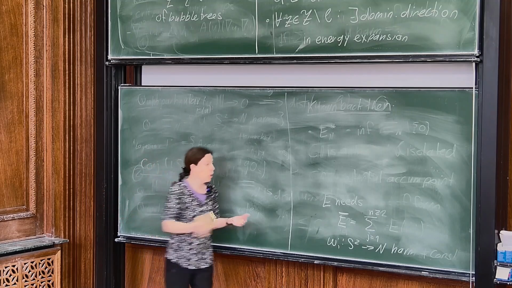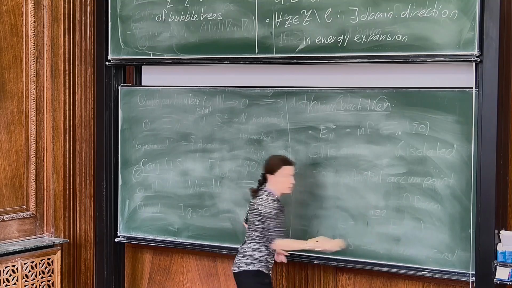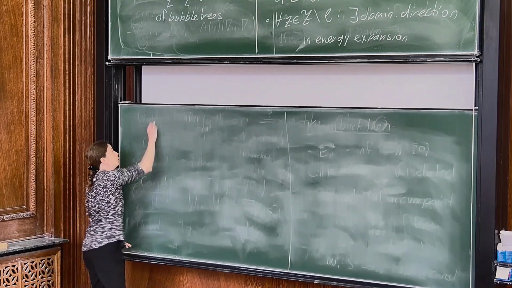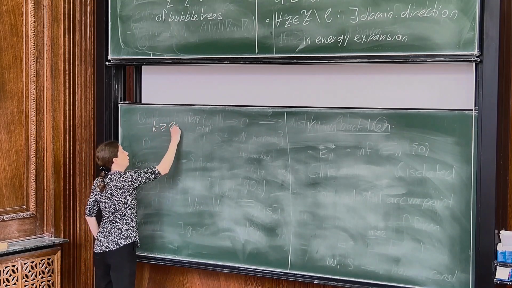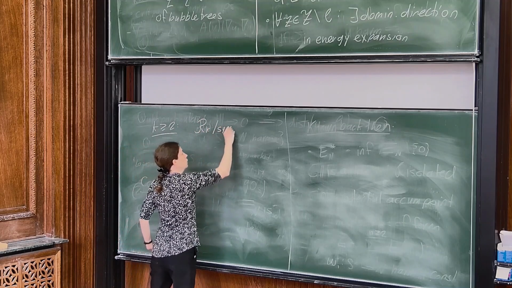You can rescale 1 scale, but that means you will then mess up the other scale. So if k is greater or equal to 2, then the set of rational maps modulo symmetries is non-compact.